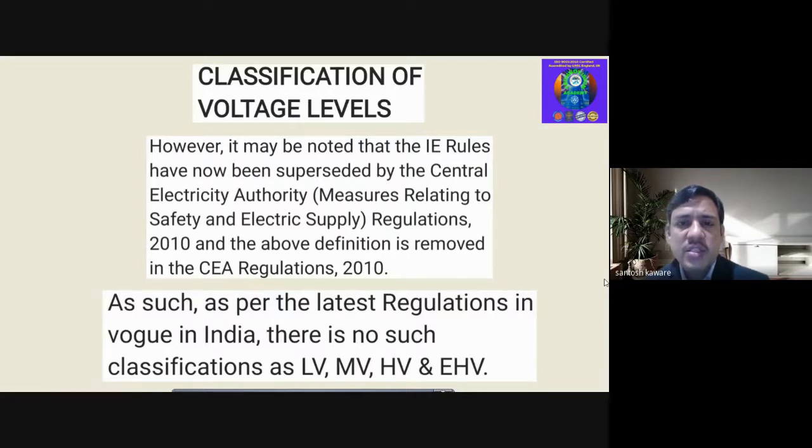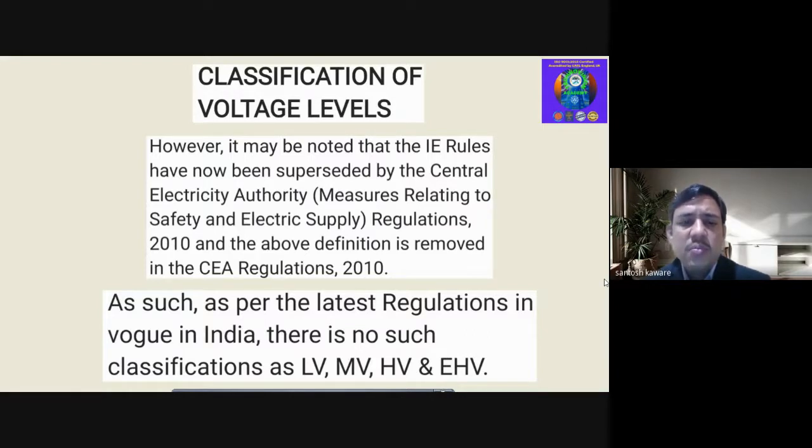So BIS is there, who will standardize all the rules. So in 2010, there was a regulation of the Central Electricity Authority, regulation of measures relating to safety and electric supply in 2010. So whatever assumptions we have in the 1956, we have actually modified.